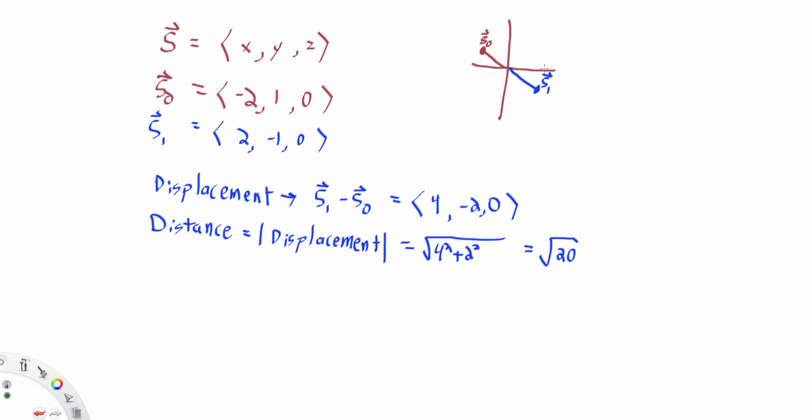If we know how much time it took to go from 0 to 1, then we have a way of talking about our average velocity in that time.